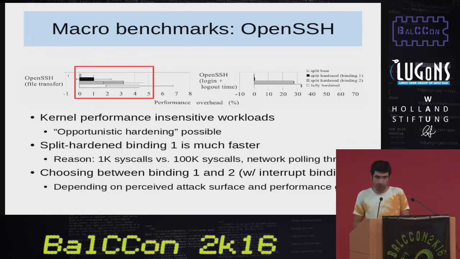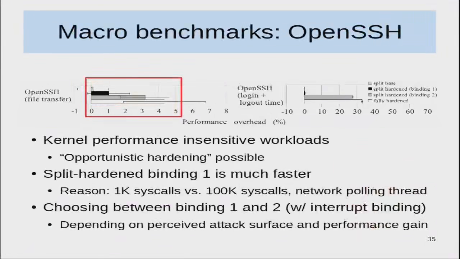Because performance doesn't really matter in that case, we can opt to turn on hardening and not think about the security implications or whether we really need it or not. But that's not something we have with a fully hardened system, because I would have to recompile the kernel, and that's usually not manageable in production systems.